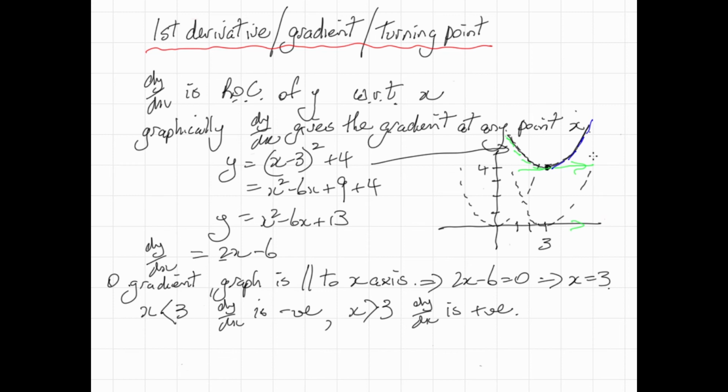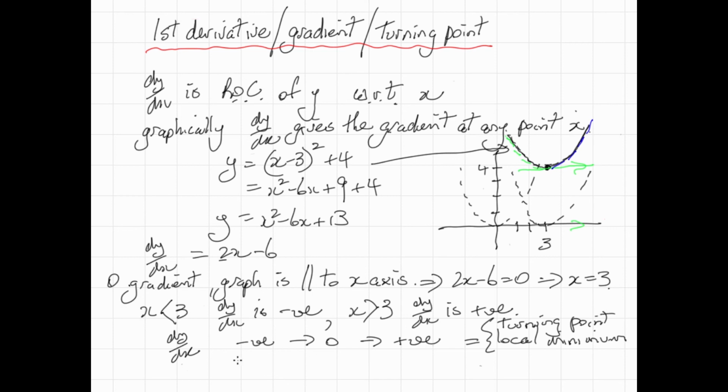Now, it's important that we realise that when dy dx goes from negative to 0 to positive, as we have here, dy dx is negative, 0, positive, we have a local minimum, and it is also called a turning point because the gradient goes through 0.